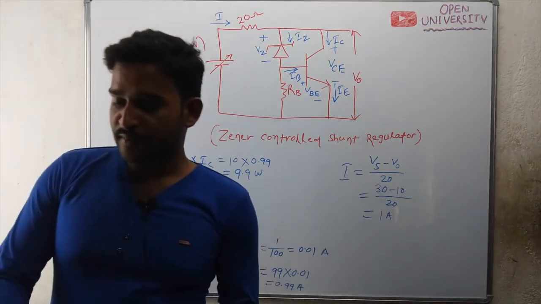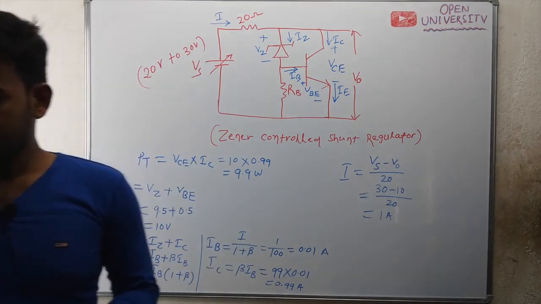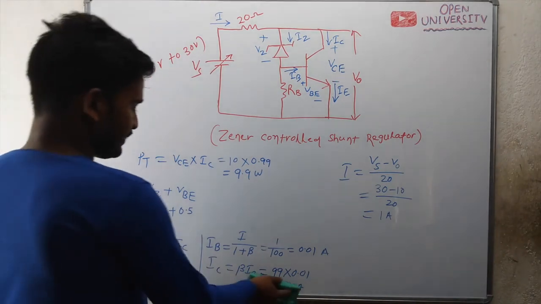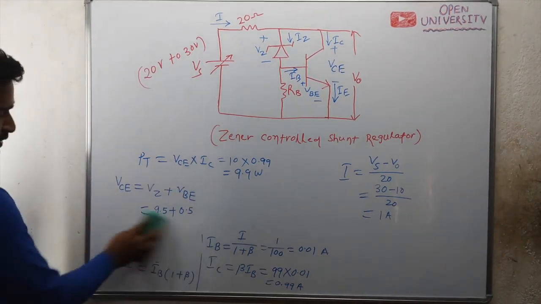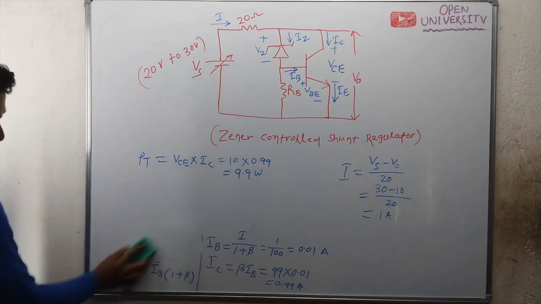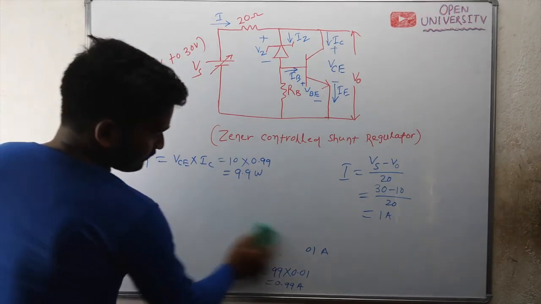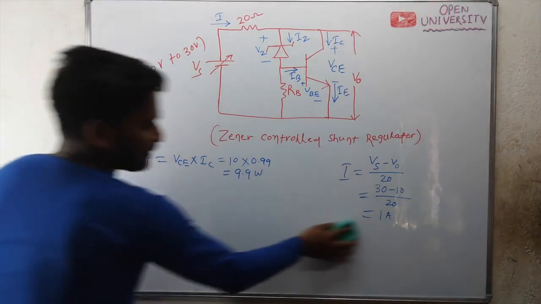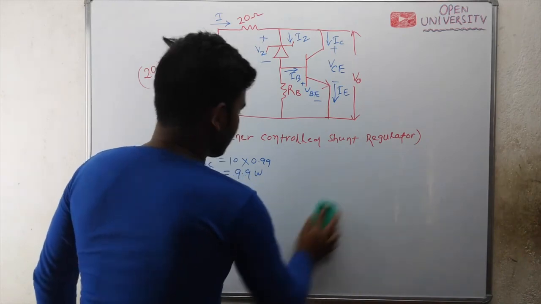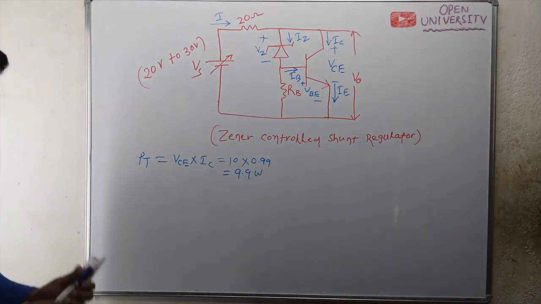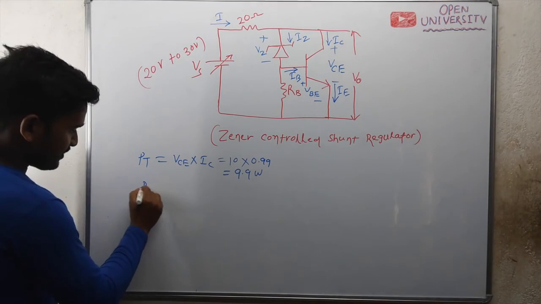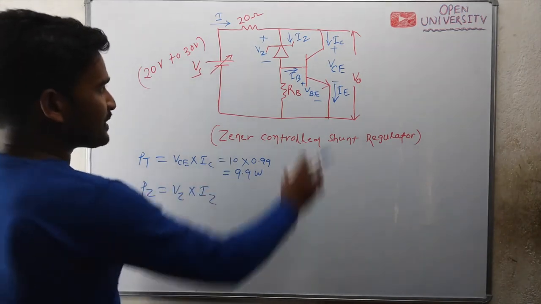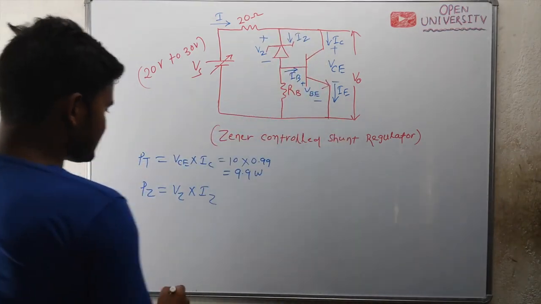Then what will be the maximum power dissipation in the Zener diode? Power dissipation in the Zener diode will be Vz into Iz. Vz is known, and what is Iz?